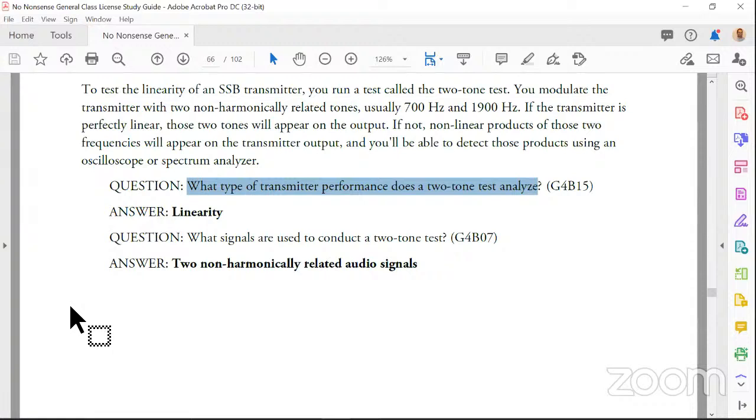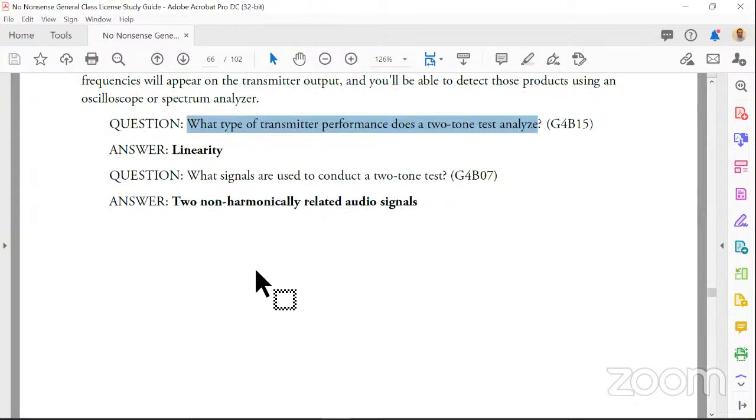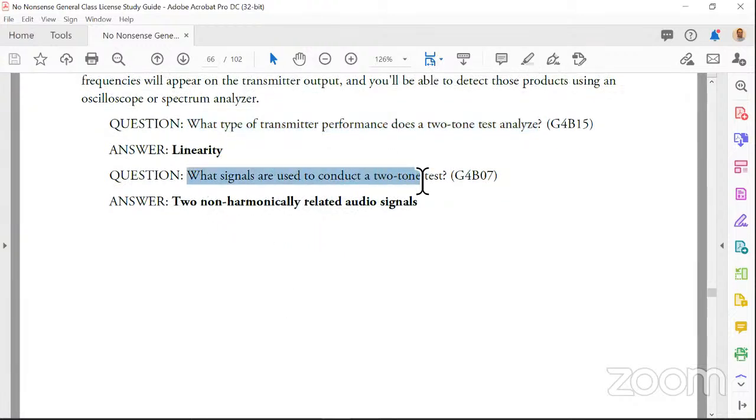What type of transmitter performance does a two-tone test analyze? So we said the two-tone test is to determine the linearity of your transmitter. Next question. What signals are used to conduct a two-tone test? So we said there's a property of those two tones.